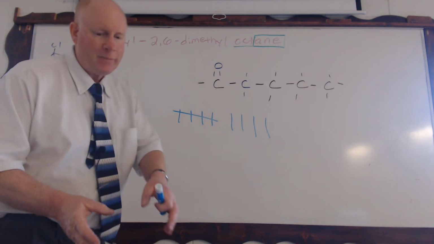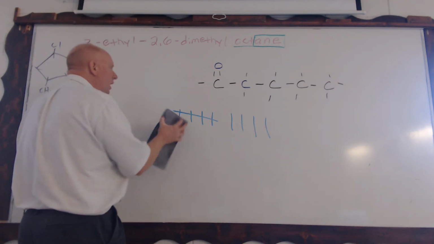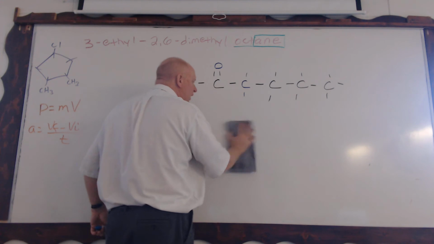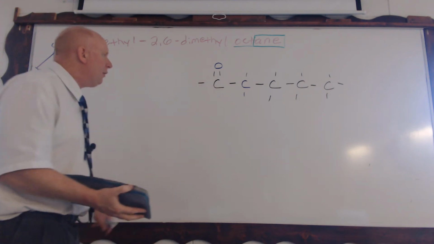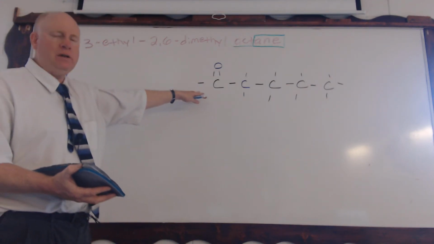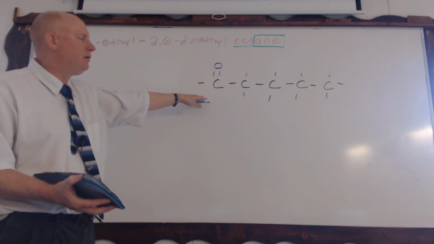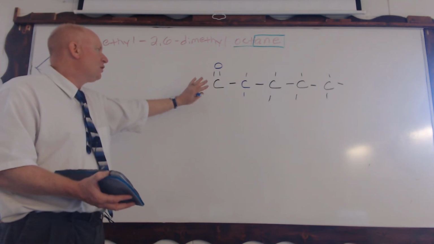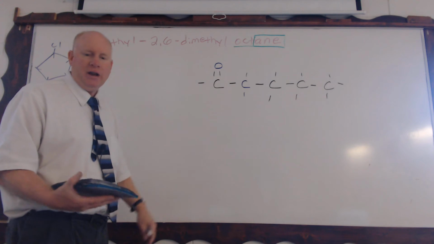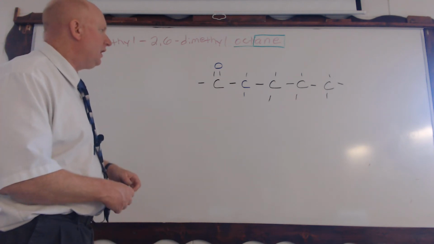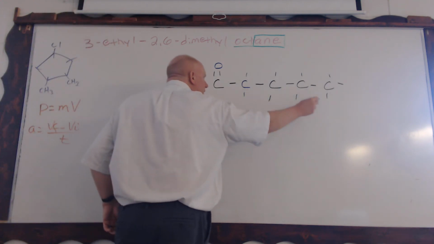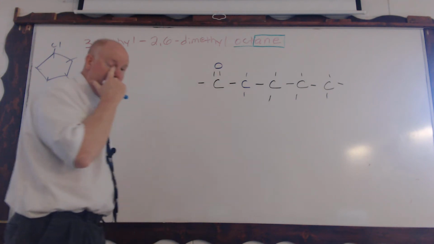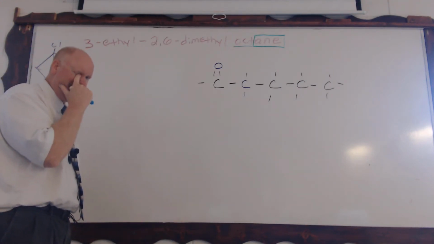So the next thing I want you to think about, how would we change this structure? Well, we don't need to name this. We don't have to know that this is pentanal, at least not as of yet. We just want to know that this was an aldehyde. Again, we're not naming this, because we haven't been taught that yet.